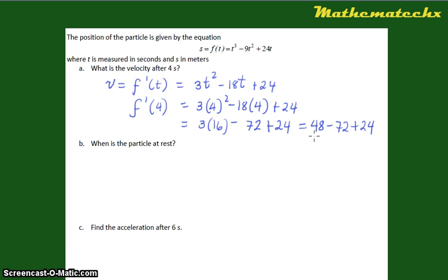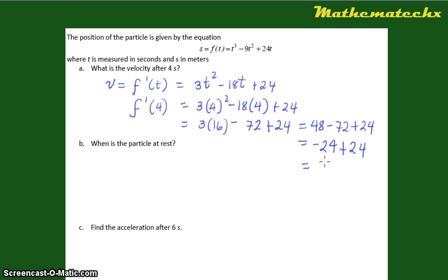Don't forget how to apply PEMDAS when you subtract or add when you have 3 or more numbers together. You work from left to right, and addition and subtraction can be done depending on which comes first from the left. So subtraction comes first: 48 minus 72. Basically that's 72 minus 48, which is 24, and the value is negative because you're subtracting a bigger number, so this is negative 24, and then plus 24.